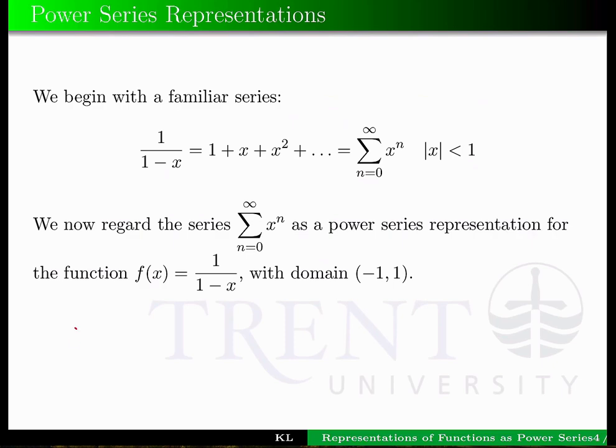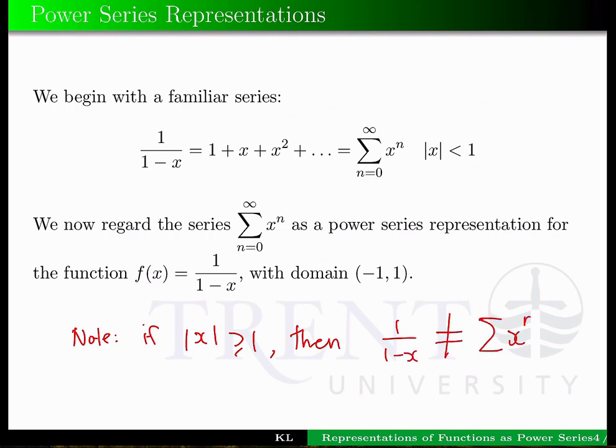Take note, if your x, in absolute value, is greater than or equal to 1, then 1 over 1 minus x is not the power series x to the n.